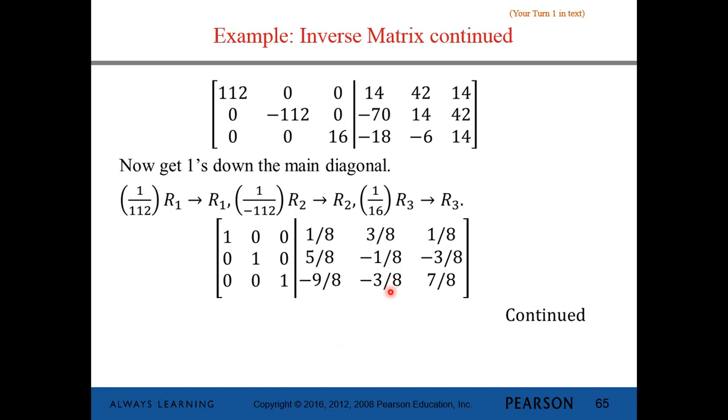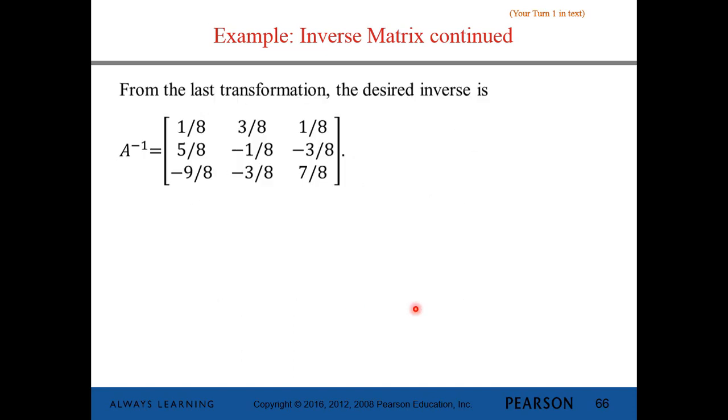Of course, we always want to simplify things in lowest terms when we're dealing with fractions. So now we're done because our A inverse is what's left over on the right hand side. And so here we found the inverse matrix.